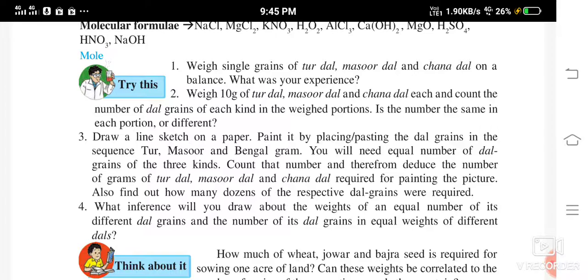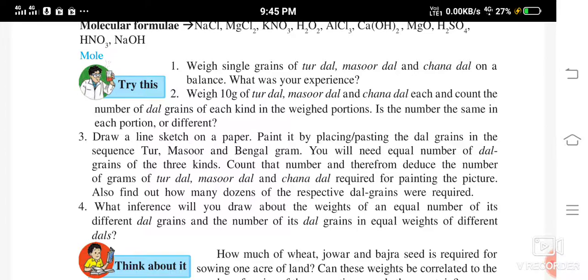Now weigh 10 grams of tur dal, masoor dal and chana dal each, and count the number of dal grains of each kind in the weighed portion. So what are you going to take?